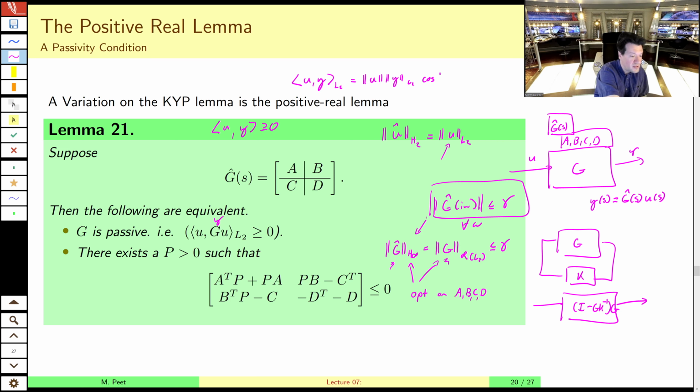To cosine theta. So what does this tell us about the angle? Well, remember what the cosine looks like. It looks like this. So when the inner product between the input and the output is positive, that means that the angle here is between negative 90 degrees and 90 degrees.